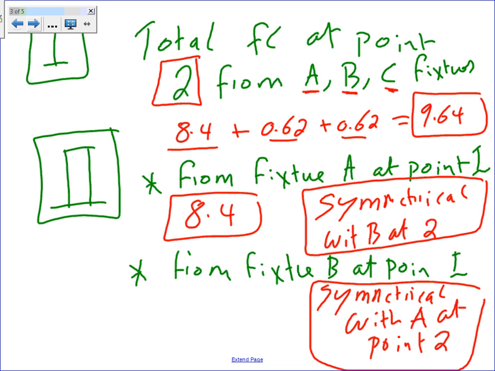Fixture B at point 1 is symmetrical to A at point 2, right above it, which will give me 0.62. Done deal. You have them written, right? Any question about this? I can't emphasize enough the symmetry between all these systems.